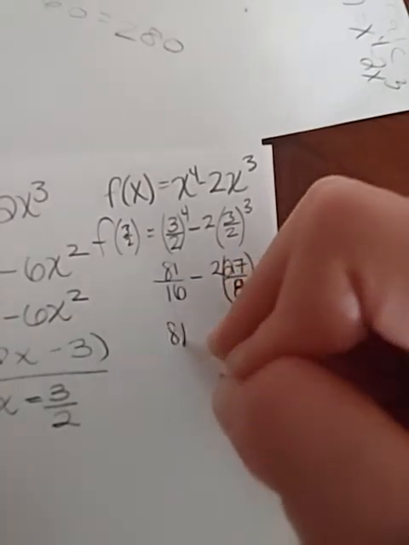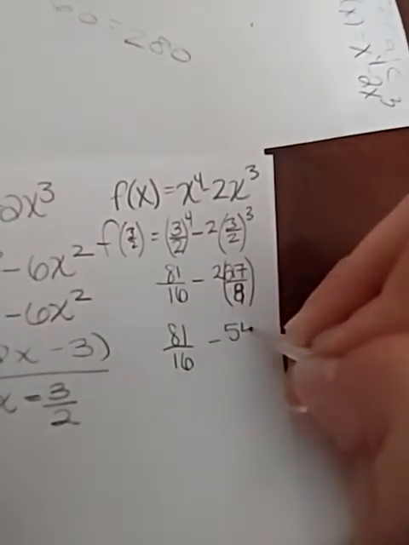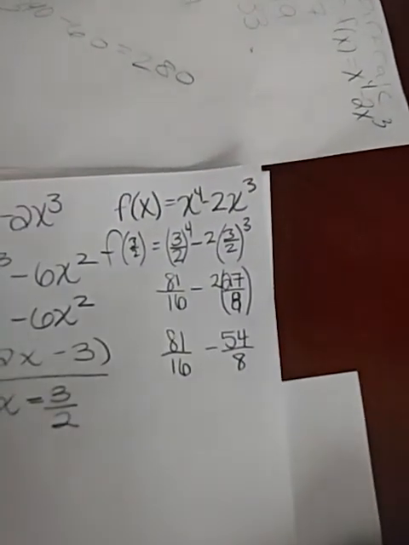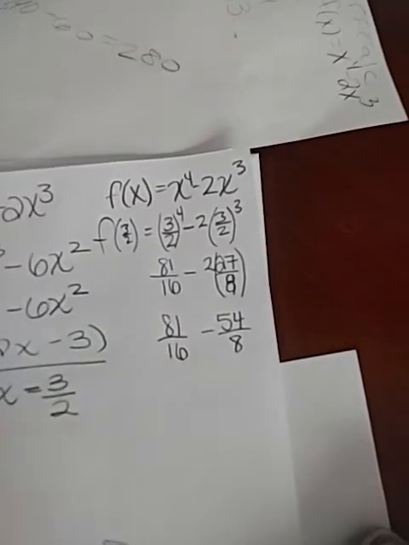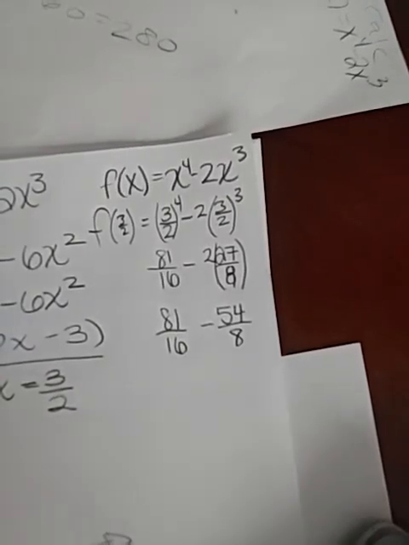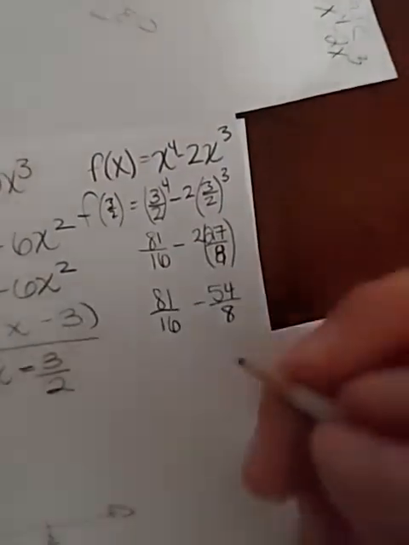So we have 81 over 16 minus 54 over 8. All right, and then we got 81 over 16 minus 54 over 8 gives us negative 27 over 16.